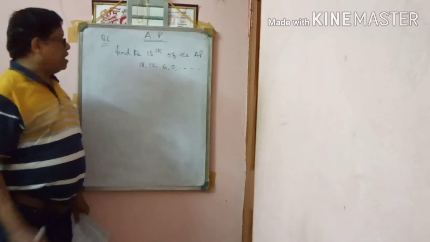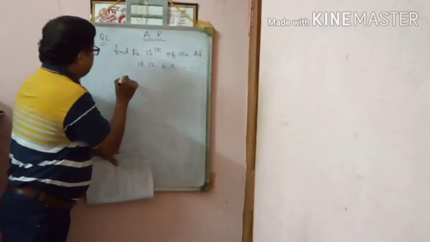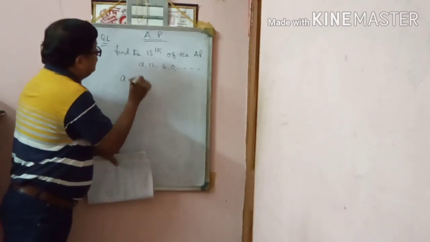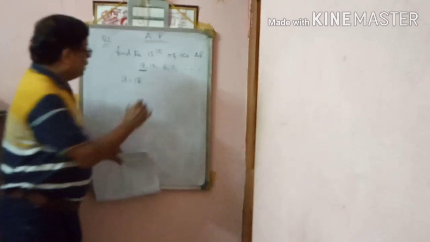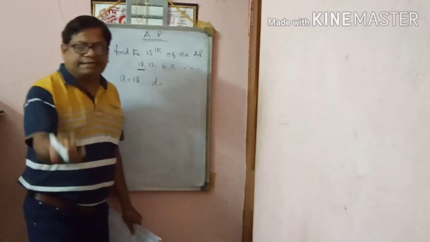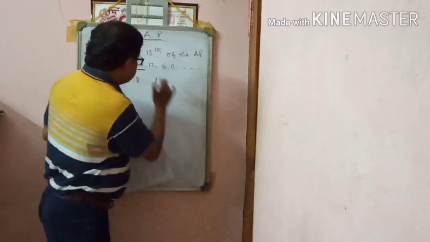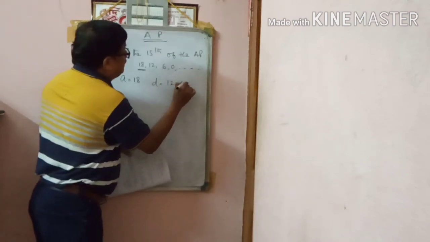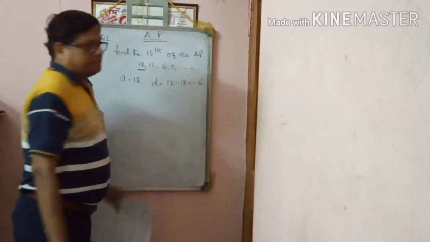First you have to write: let A equal to 18, the first term. Now D is the common difference, second term minus first term, 12 minus 18, that is minus 6.